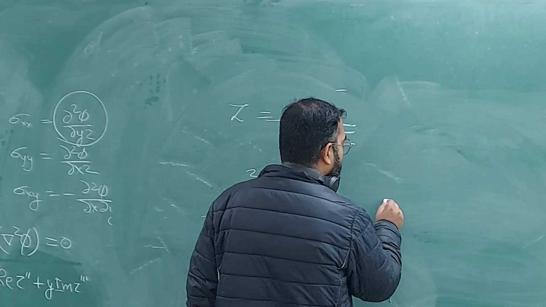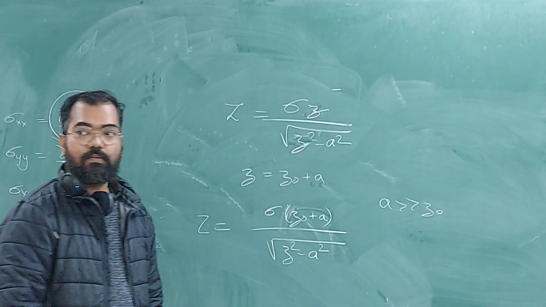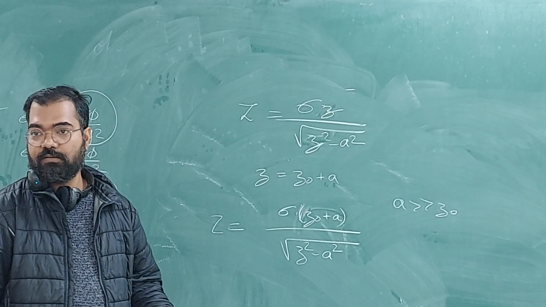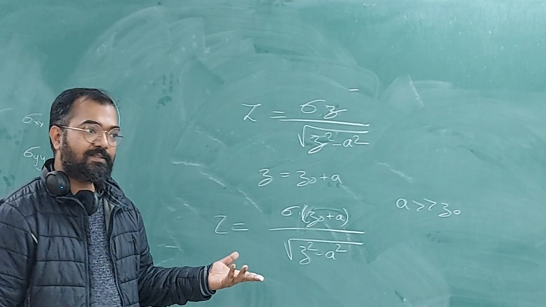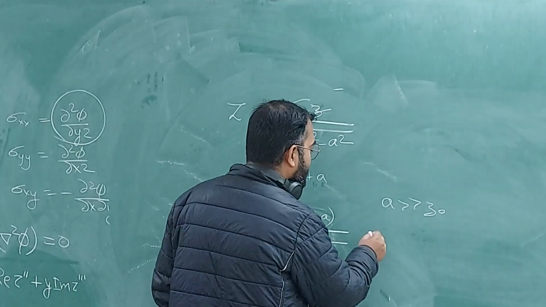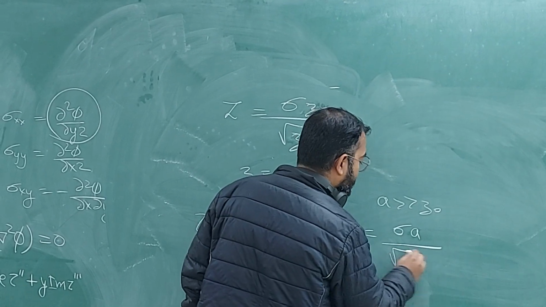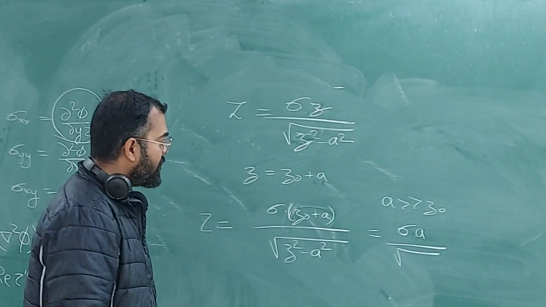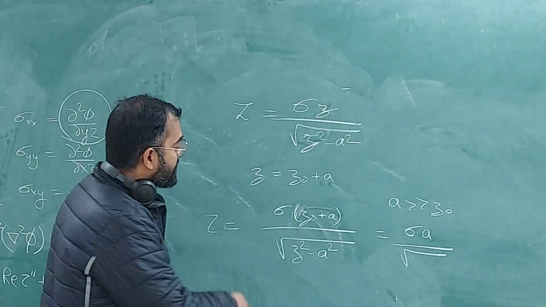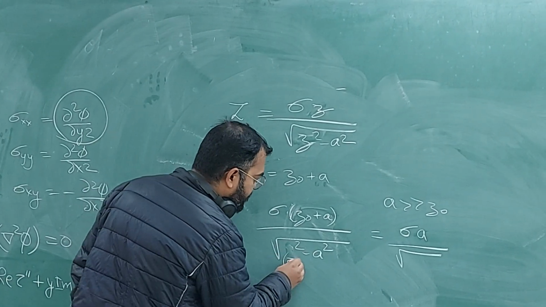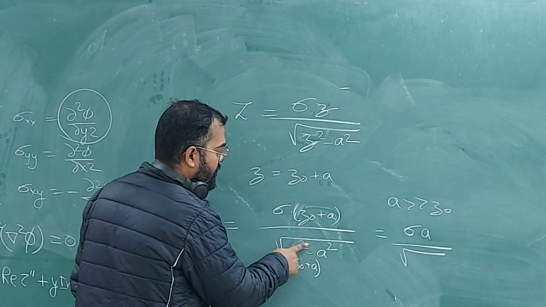And if the crack is too long, then we can do what we usually do. We ignore Z0. So then we'll have sigma a divided by square root of Z0 plus a whole square minus a square.